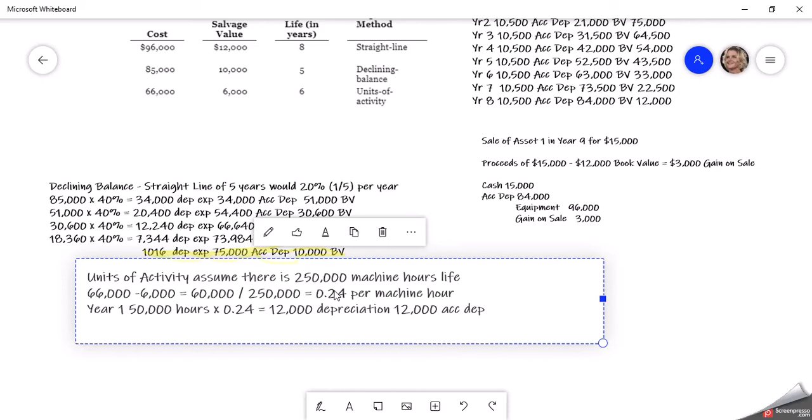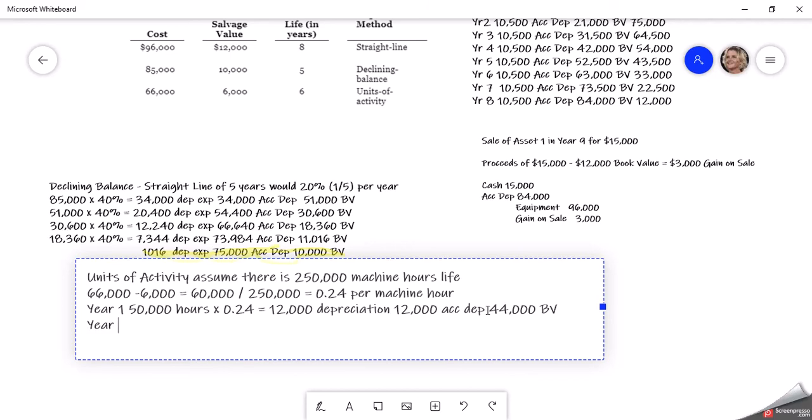So then how they're going to take depreciation using this unit of activity is you look at how many hours did we run that machine for that year. So in year one, it's 50,000 hours times 24 cents gives us $12,000 of depreciation, $12,000 of accumulated depreciation, and then our book value is going to go from 66,000 down to 44,000. Okay, then in year two, say it goes up to 60,000 machine hours.